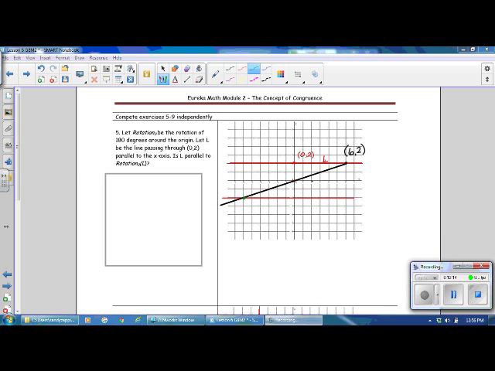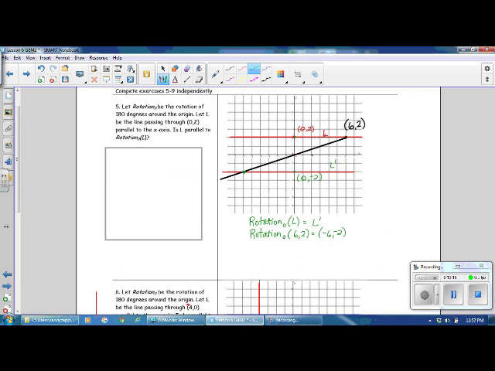Let's write our statement of rotation, and we are going to do rotation around the origin of line L, and that gives us L prime. I also want to write out the coordinates. The rotation around the origin for the coordinates (6, 2) results in the new coordinates (-6, -2). Number 5. Is L parallel to the rotation? So the rotation around the origin of L is parallel to L.